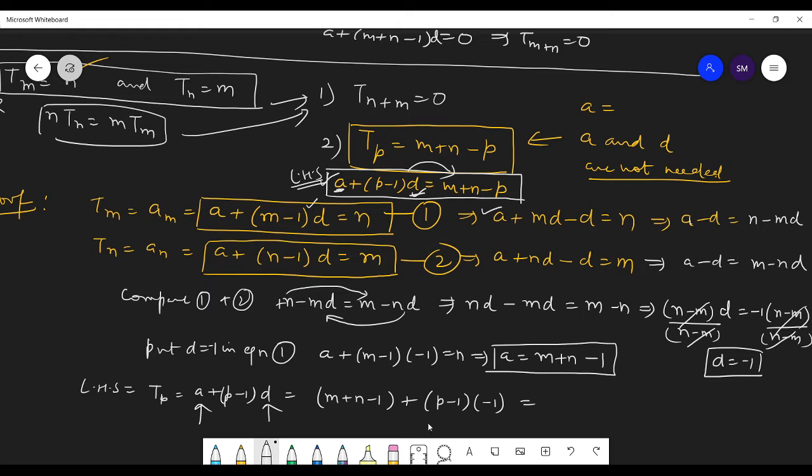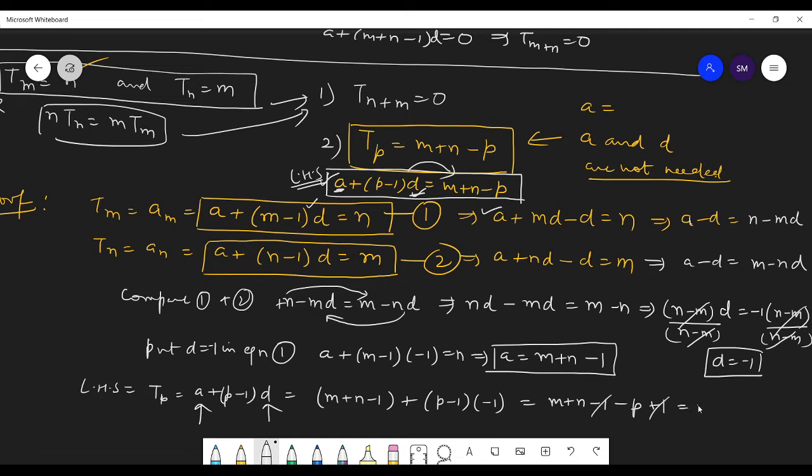You have put the value of a and the value of d here. Is it okay, students? So now what have you found? m plus n minus 1 plus, now multiply this minus 1 with p, so it will be minus p, and this minus will become positive, so plus 1.